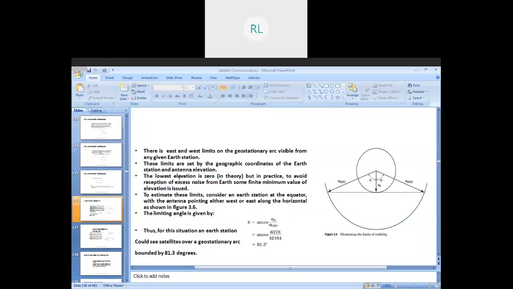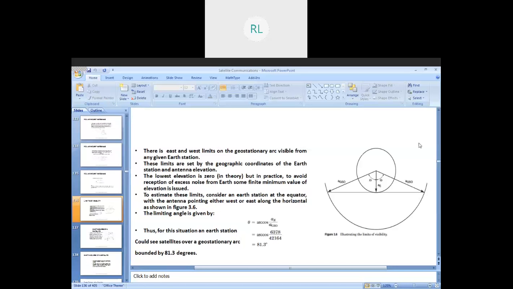That's about your limit of visibility. Here you can see there are east and west limits on the geostationary arc. Your satellite has some kind of limits. It is not that 100% it can cover, because our Earth is an ellipse, so it cannot cover fully.